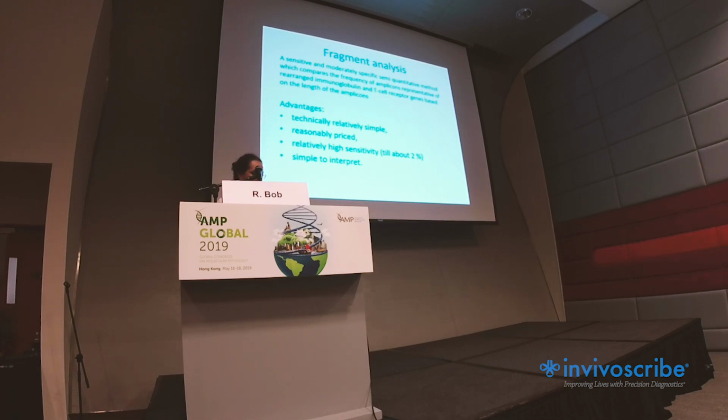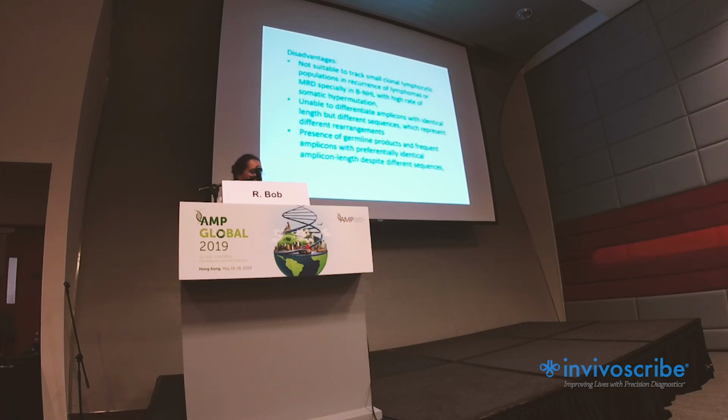It has some important positive points. It's technically relatively simple to apply, reasonably priced, and has relatively high sensitivity for primary diagnosis, about 2%, when the quality of DNA is good, and it's simple to interpret. The disadvantages are that it's not sensitive enough to follow MRD.